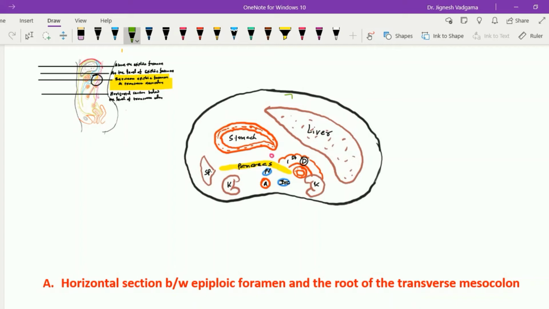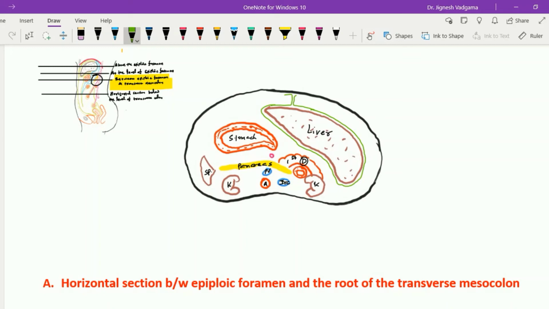And here on the anterior surface of the liver, the falciform ligament is going to reflect into both the layers, right and left layers, and the right layer of the falciform ligament is going to cover the anterior surface as well as the right lateral surface of the liver, and it is going to cover the posterior surface of the liver and then the inferior surface of the liver and going to continue as the left layer of the falciform ligament.